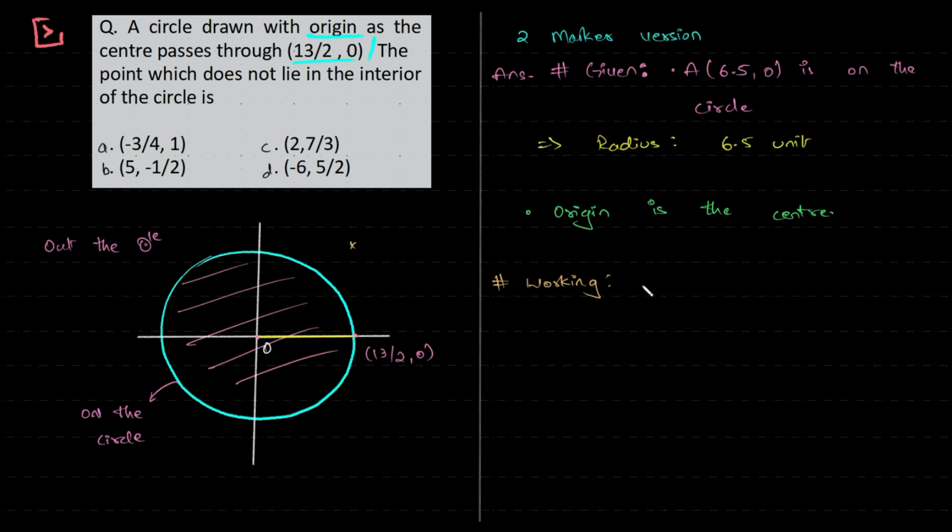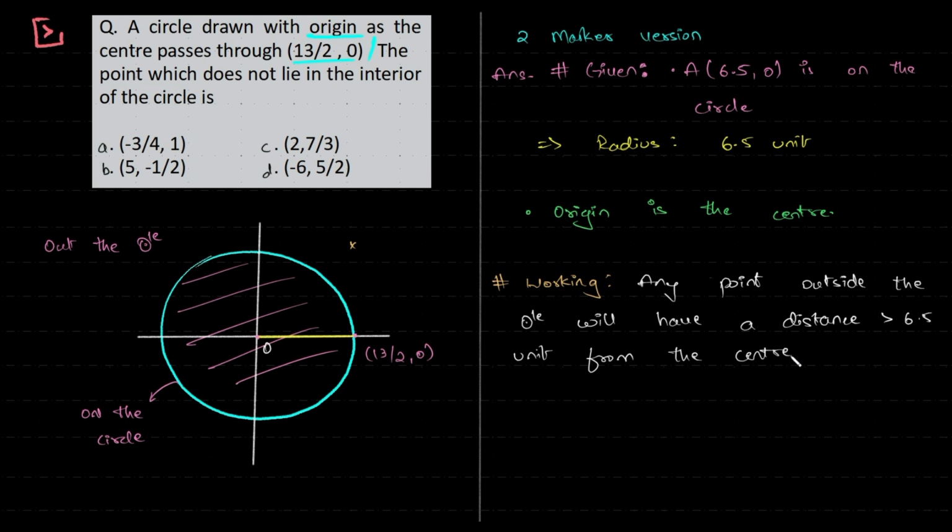Any point outside the circle will have a distance more than 6.5 units from the origin, from the center.